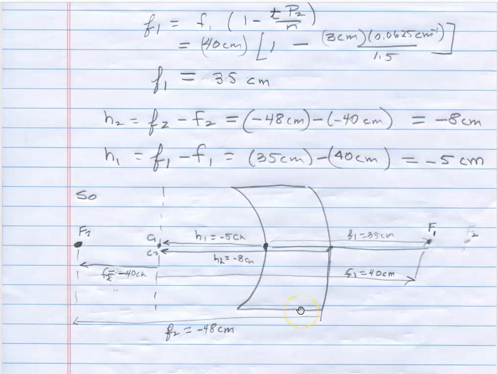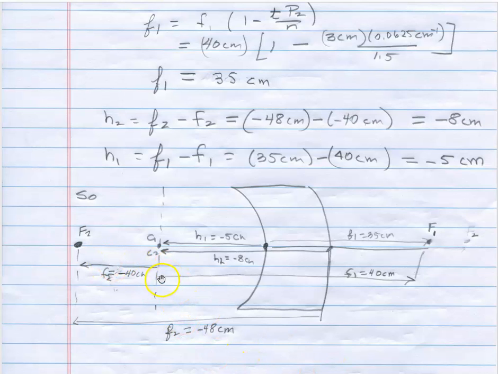There's other ways to locate all of these, but that's by virtue of, once I know the location of the principal plane, then I can locate, well, for instance, F2. F2 is measured from H2, and F2 was 40 centimeters negative, and so I go from here to locate F2, which is the minus 40, so you can also get it that way.